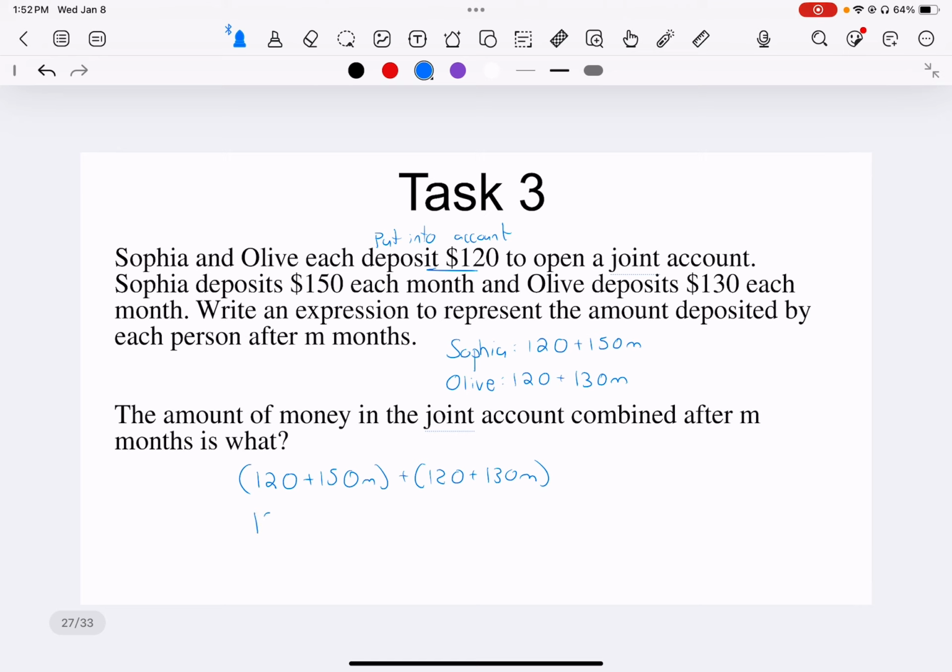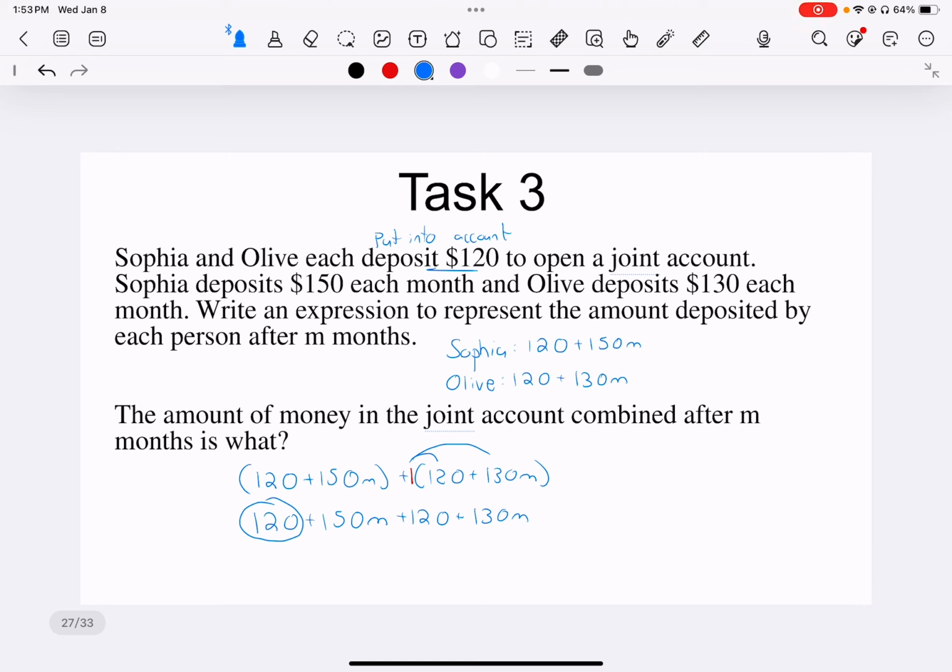Nothing in front of this first parentheses to distribute, so I just bring it down. 120 plus 150m. Imaginary positive 1 in front of my other parentheses. So I could distribute, gives me a positive 120, positive 130m.